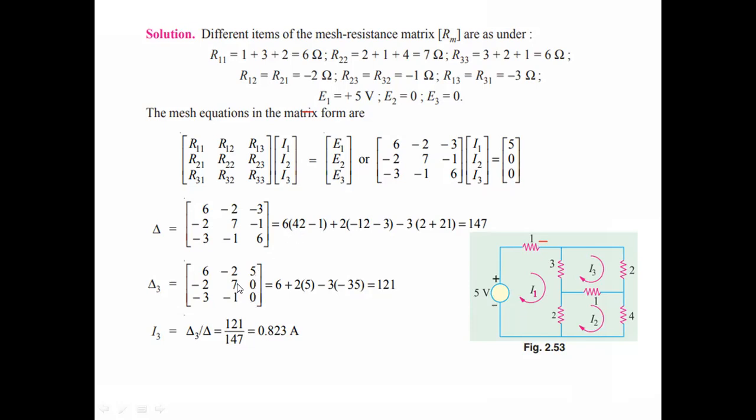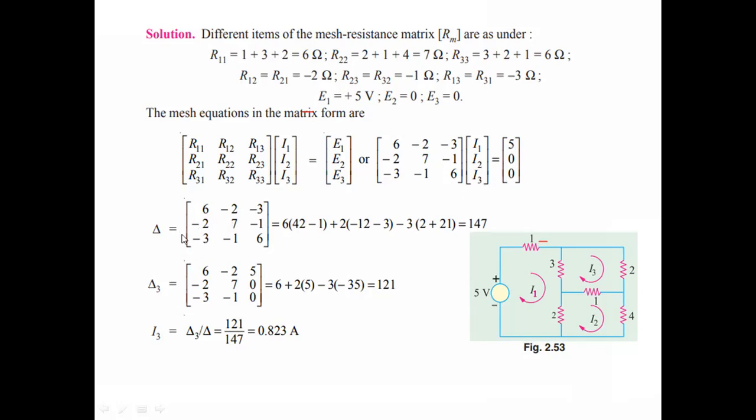Suppose we have to find delta 2, then the middle column of the matrix is replaced with the 500. Similarly, to find delta 1, the first column of the delta matrix will be replaced with the 500.